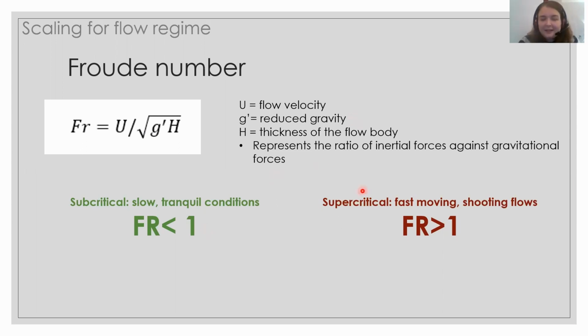And depending on the ratio between the inertial forces and gravitational forces, you either get subcritical flows. These are usually quite slow and tranquil conditions, and this is when the Froude number is below 1. Or you get a supercritical flow. These are fast-moving shooting flows, and everything that has a Froude number above 1 is called a supercritical flow.